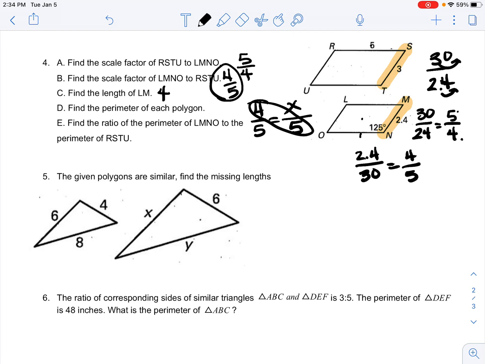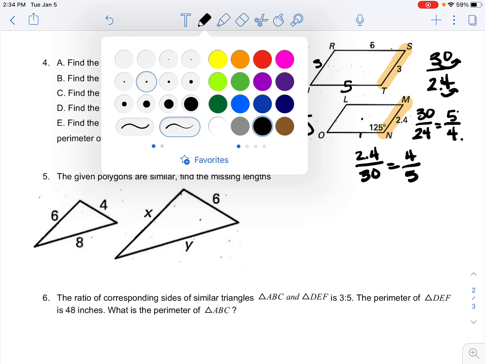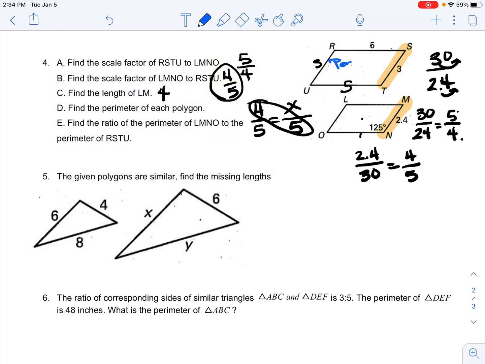Now, to find the perimeter of each polygon, we could use the same scale factor again after we found one of the perimeters. Well, I know because it's a parallelogram that 5 is equal and 3 is equal. So the perimeter is going to be 5 plus 5 plus 3 plus 3, that is going to be 16 of the larger shape. So let's say we use 4/5.